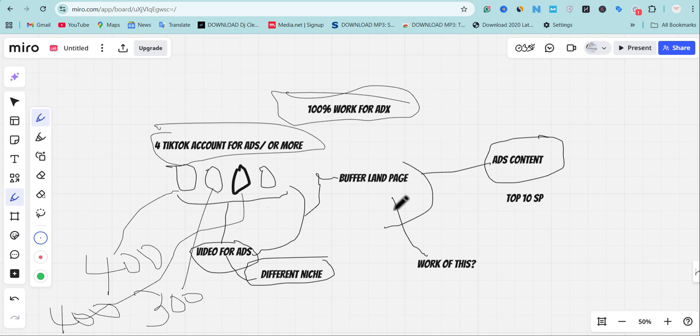Because if the ad is going to be running on, let's say, 50,000 naira per day on each account, that means across the accounts you're going to be spending over 200,000 naira, already split. So let's say the ad starts in the morning, and before 12, one account has given you, let's say, 500 clicks.